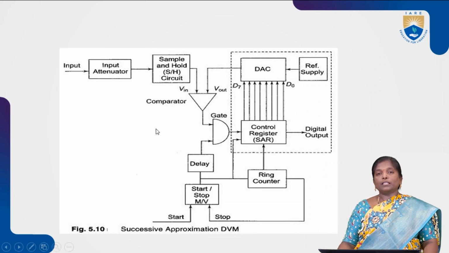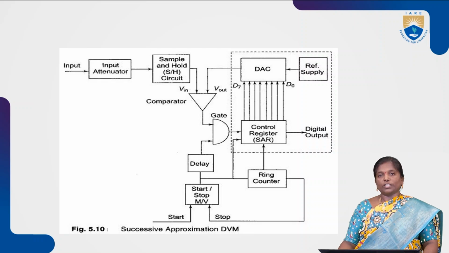Based upon that balancing method, how can we balance an unknown weight with a known weight? The same process is involved in the successive approximation type of DVM. How to find out an unknown weight with the help of a known weight by using the balance method. The same process is involved in the successive approximation type of DVM.